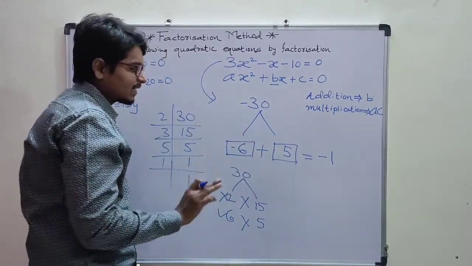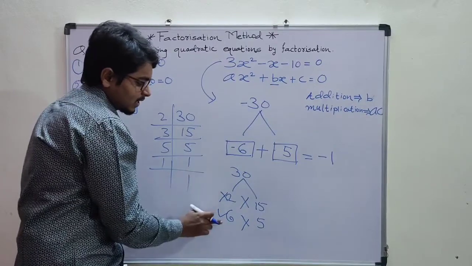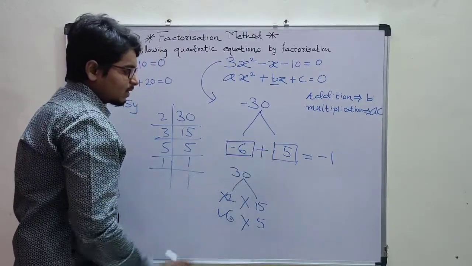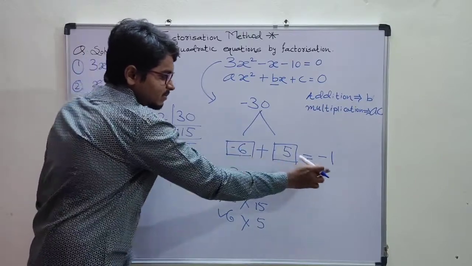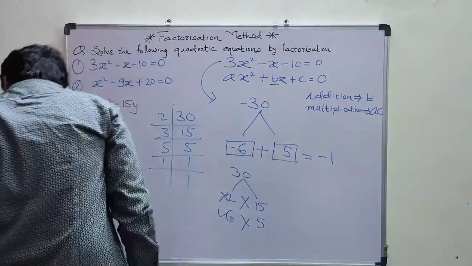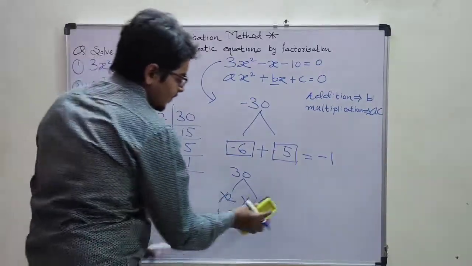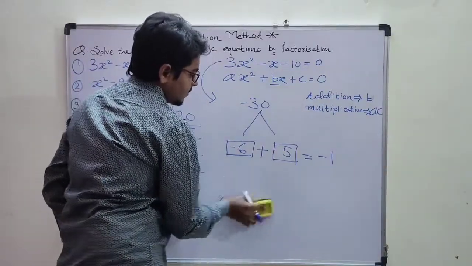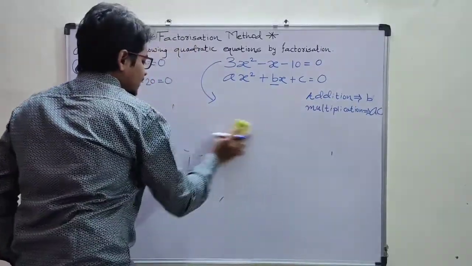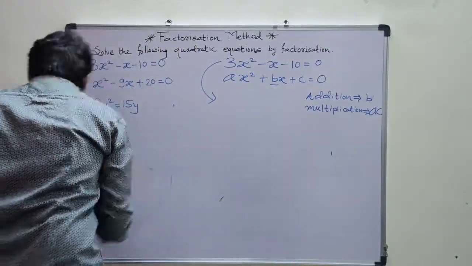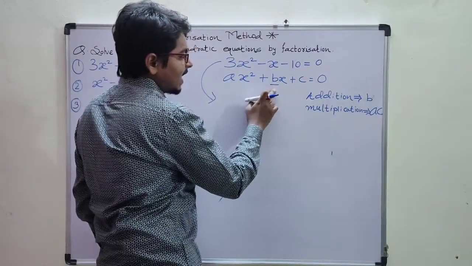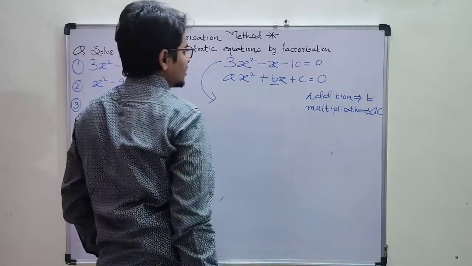So hope you have understood why we have chosen -6 into 5. We got two numbers whose addition is B and multiplication is AC.